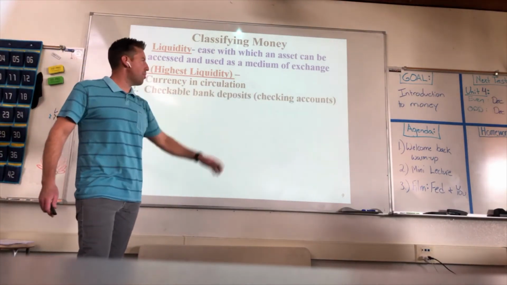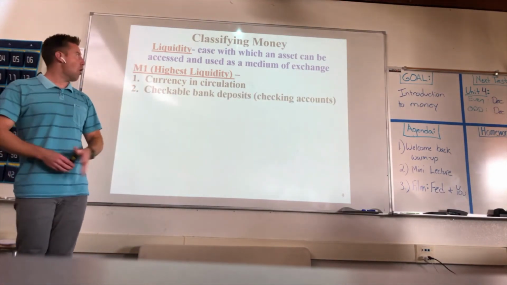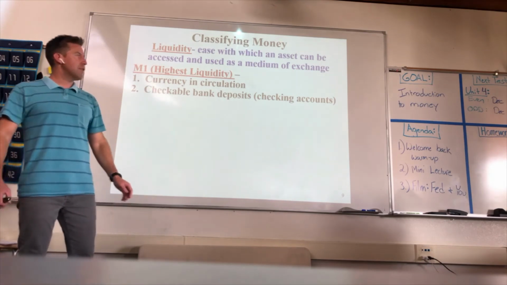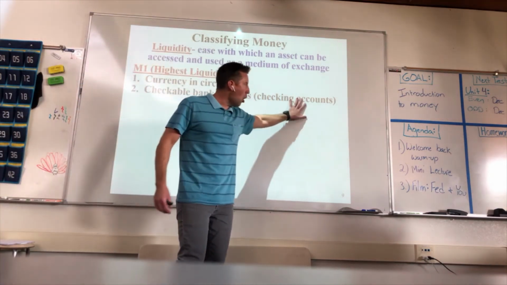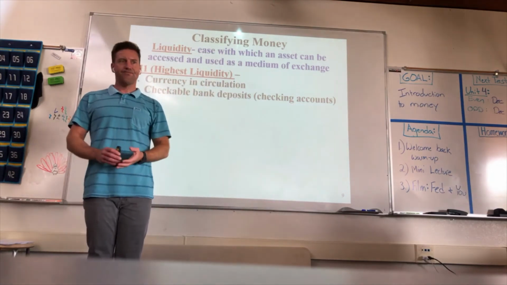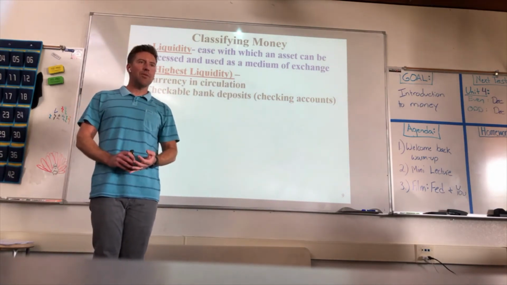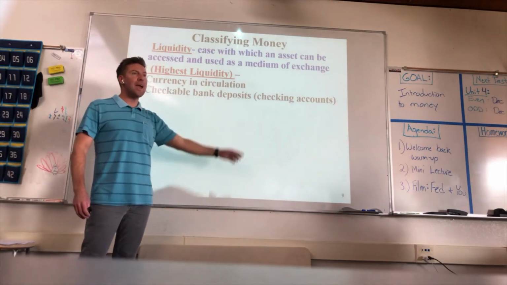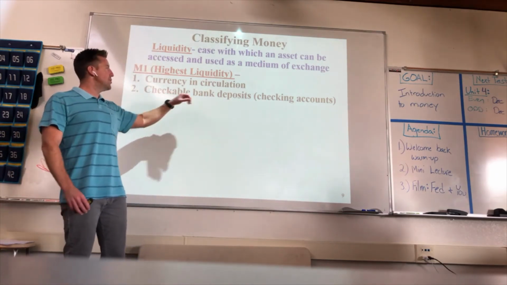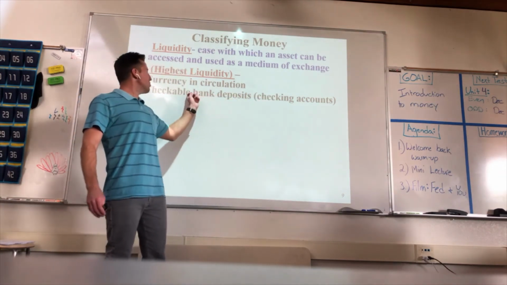Then you've got checkable deposits. Checkable deposits are also considered M1 money. Now, this is the tough part about this one. Checkable deposits are your checking accounts. Same term. I hate when they have interchangeable terms. And guess what? There's a third way to phrase it. They'll call it demand deposits. So make sure we write demand deposits on here too.